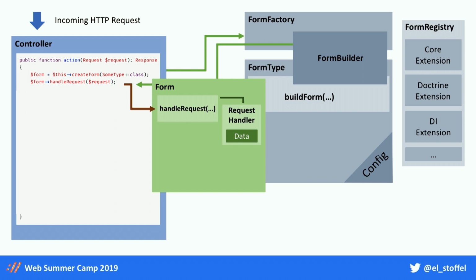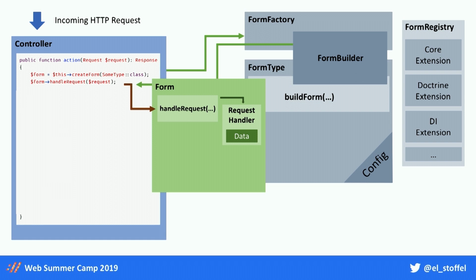With the HTTP foundation, which we are using in this case, we have a request object, and we give the request object to the form object. And the request handler is then extracting the data from the request. But this only works if the method is matching, so by default POST, and the form is submitted, right?